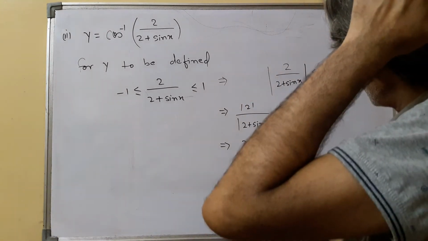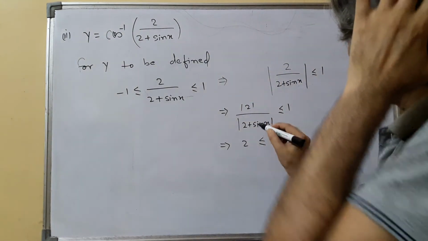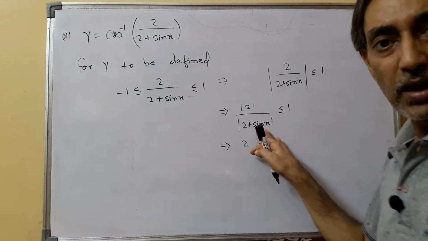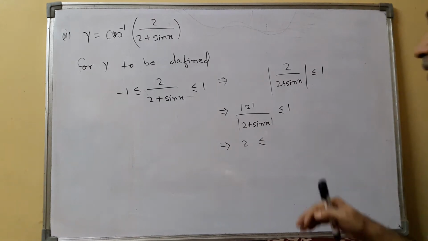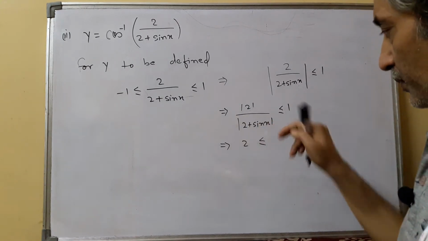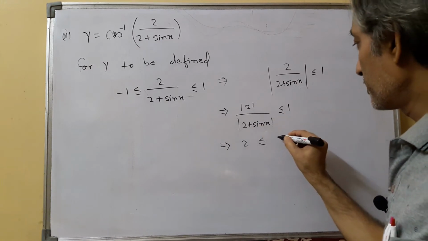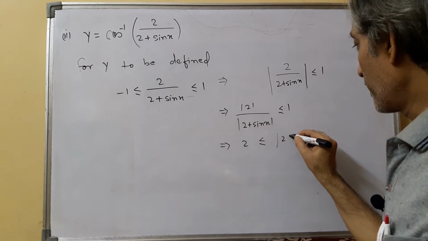Mod of 2 is 2. This will never be equal to 0 since sin theta always lies in between minus 1 and 1, and it is positive as well. So we are multiplying both sides with this, so we can bring it here.